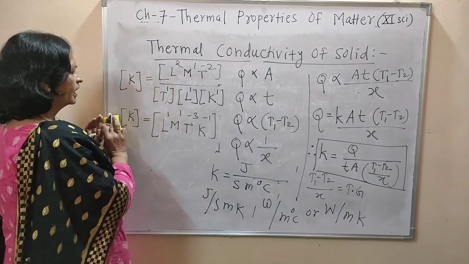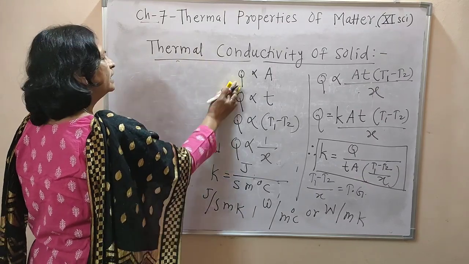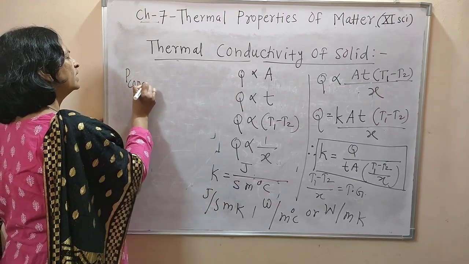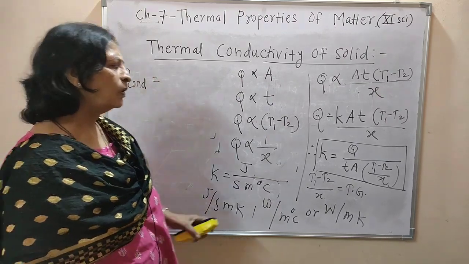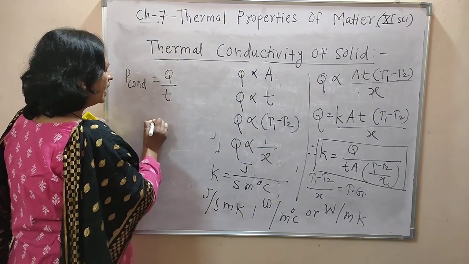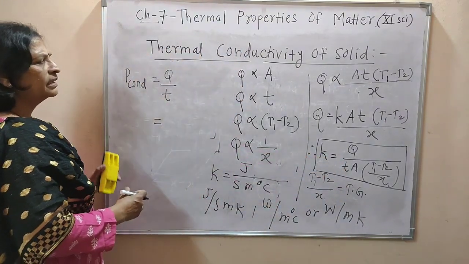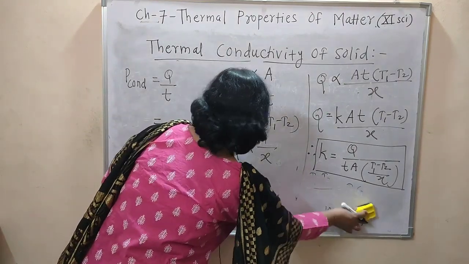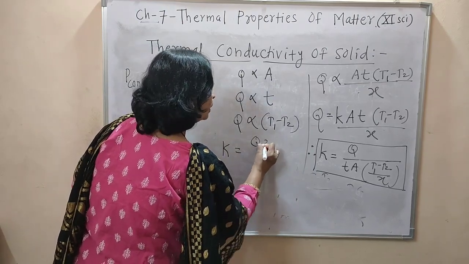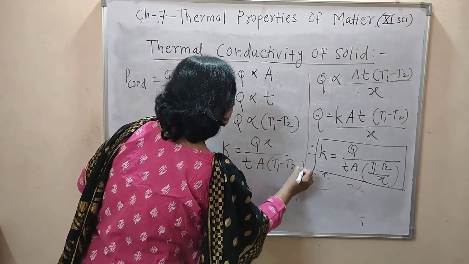Now we have to find the derivation for P conduction. P conduction is nothing but the time rate at which heat flows, that is Q by t. Rearranging this equation, we can write K equal to Q into x divided by t into A into (T1 minus T2).